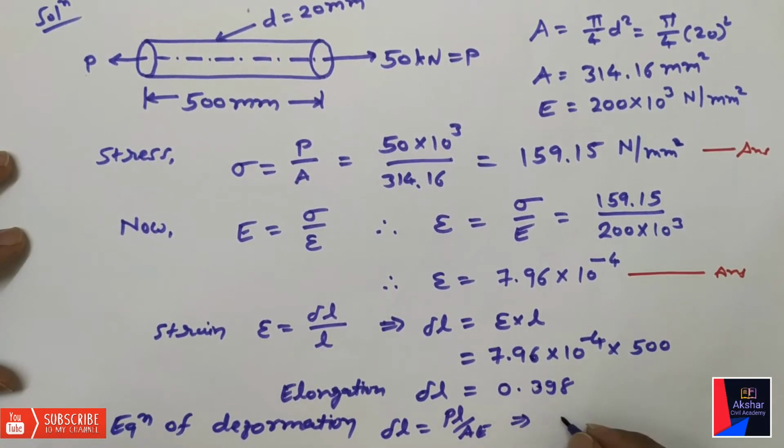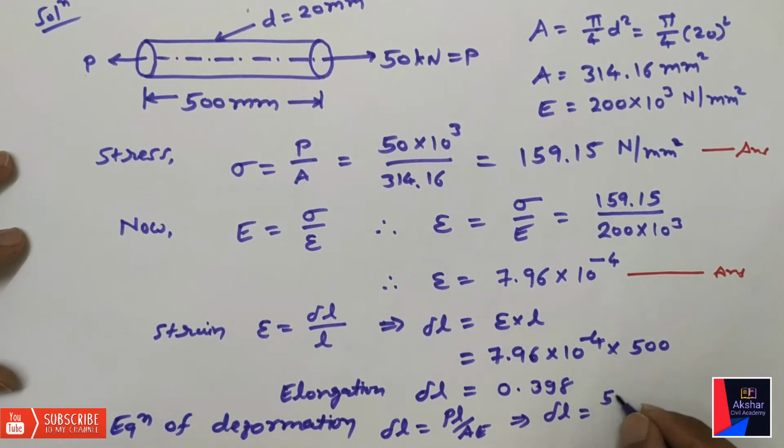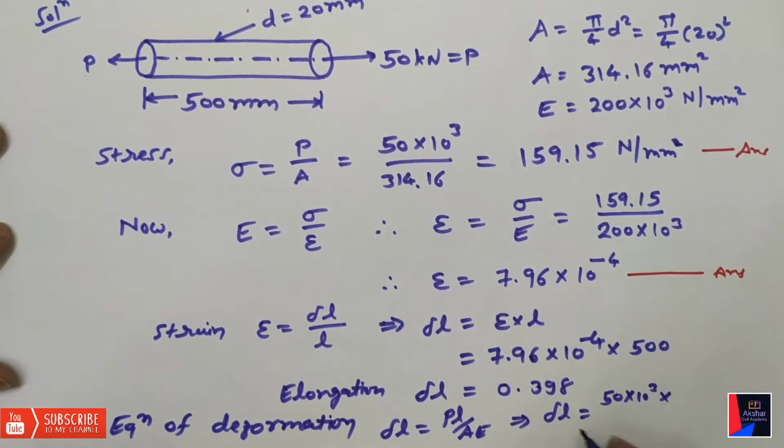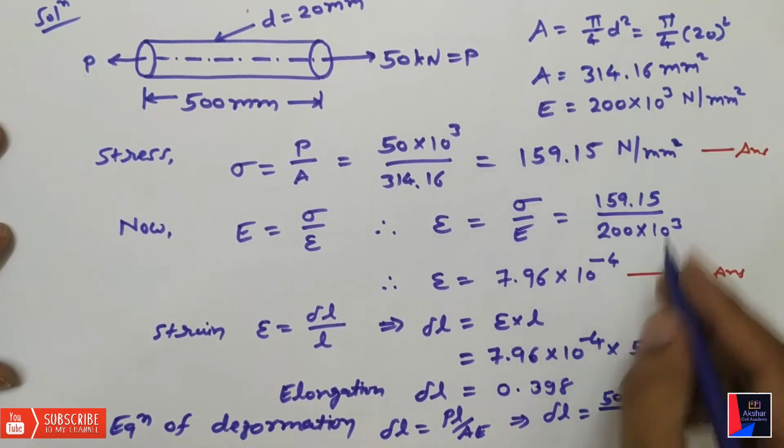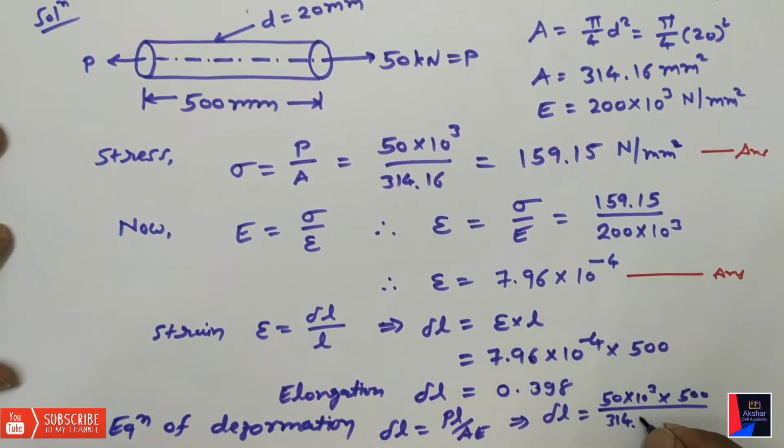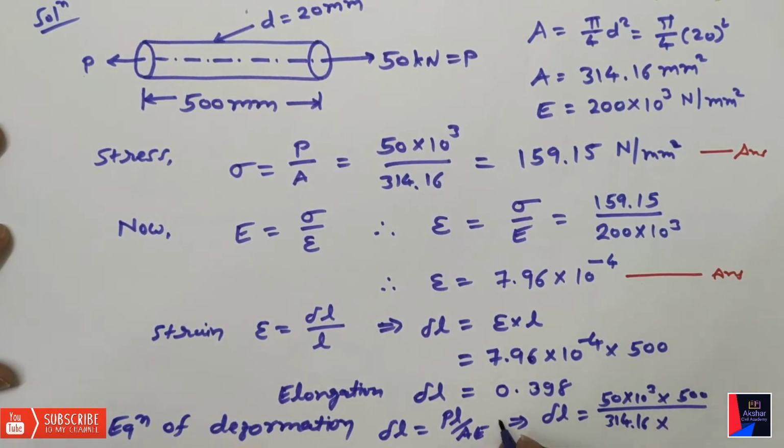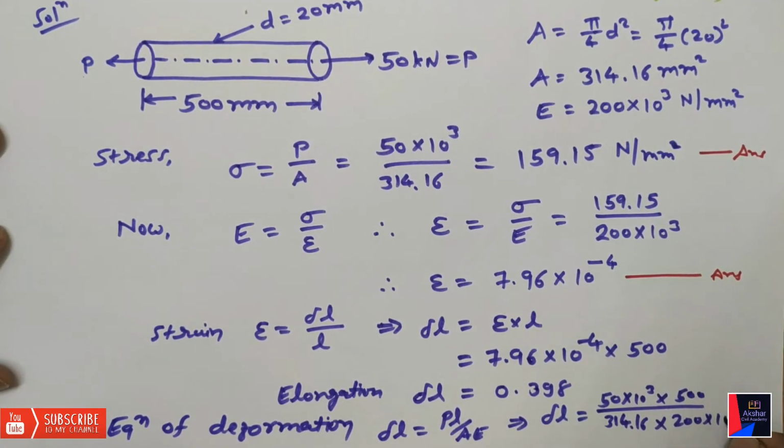From that equation we can write delta L. Here we put the value P equal to 50 kilonewton, so 50 multiplied by 10 raised to 3, multiplied by L, which is 500, divided by A, the area of cross section, which is 314.16, multiplied by E. E is 200 multiplied by 10 raised to 3.